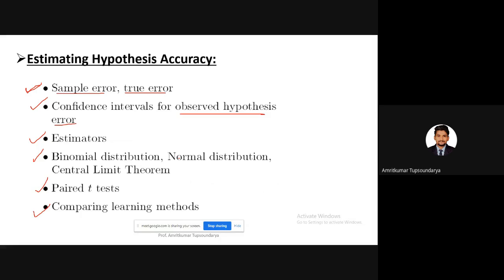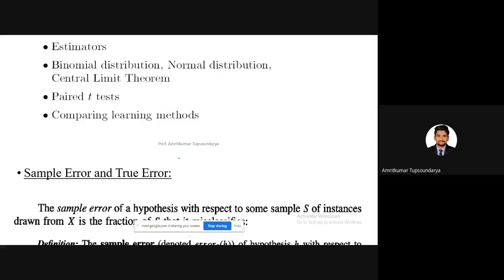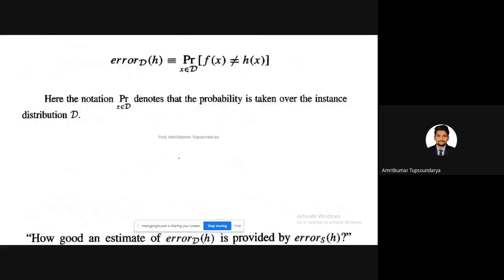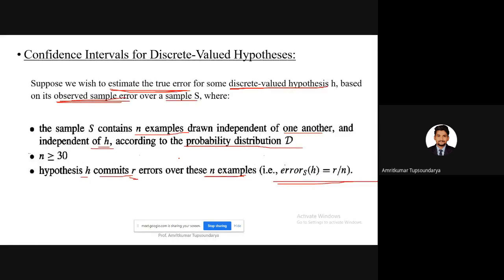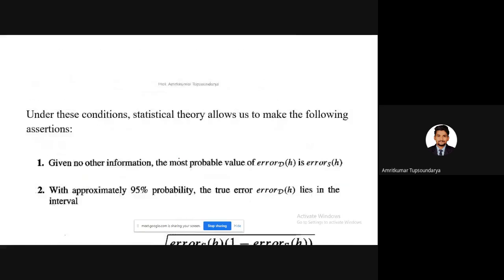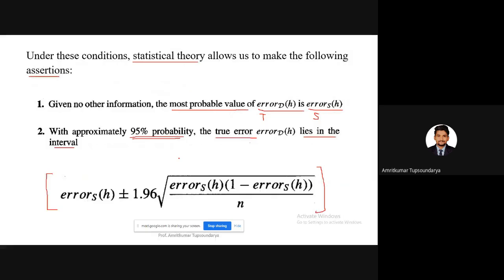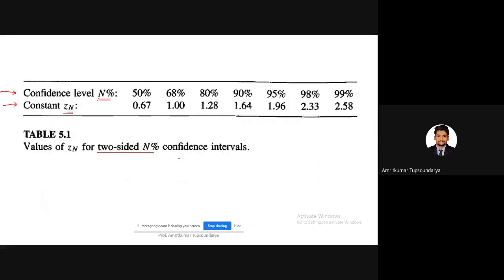That is the need of estimating the hypothesis accuracy. With this, we shall conclude today's lecture, and as we dive further, we will see how sample errors and true errors are important to find these confidence intervals.